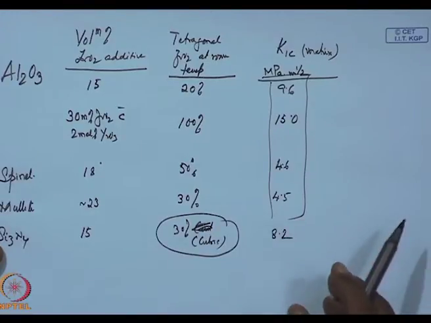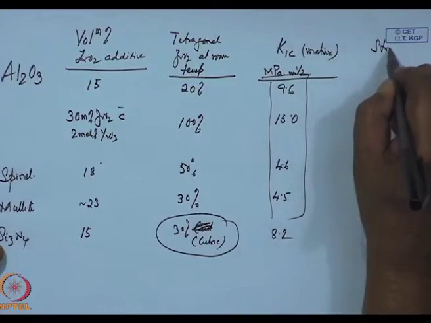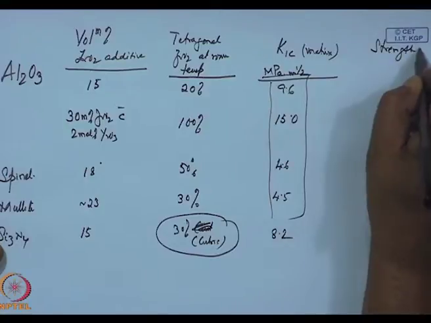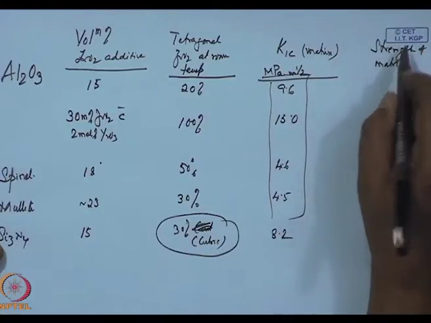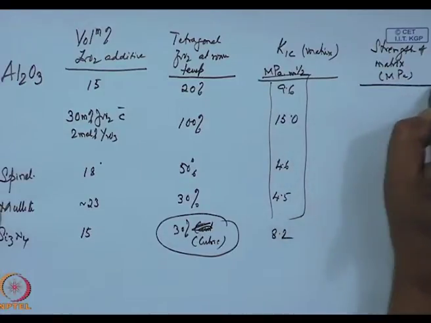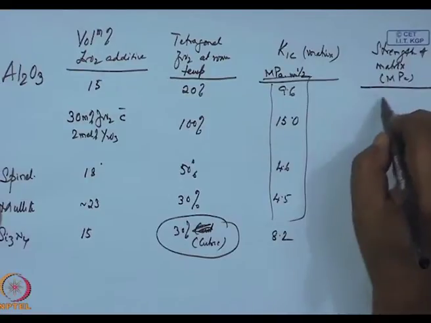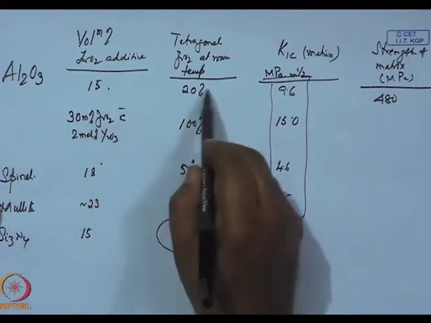Let me put in another unit, which is the strength of matrix in, say, megapascal. This would be 480 for 15% zirconia additive.